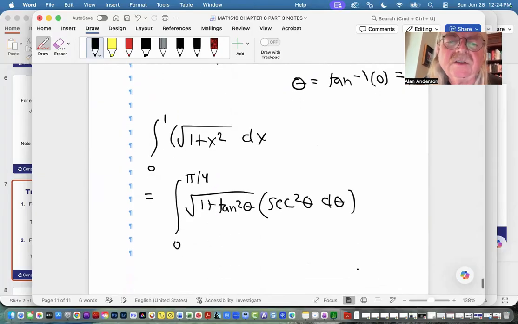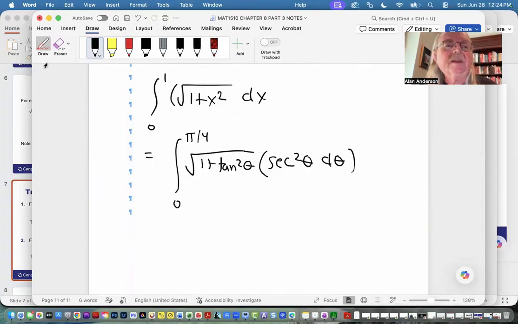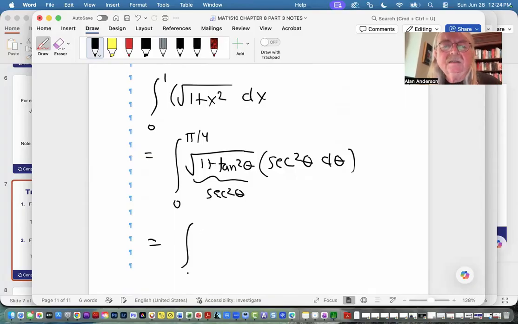Now, of course, it looks like we're looking for an opportunity to use one of the Pythagorean identities. 1 plus tangent squared theta is actually secant squared theta. Well, we're taking the square root.